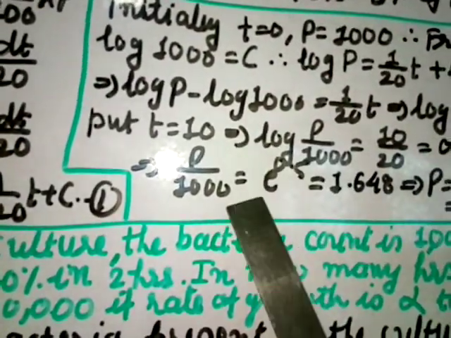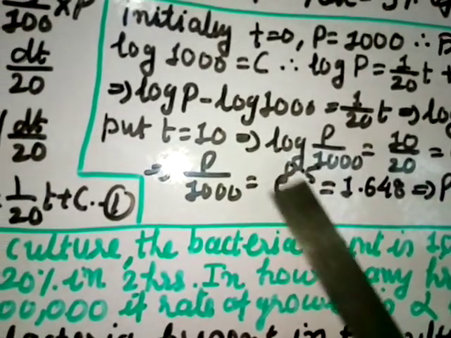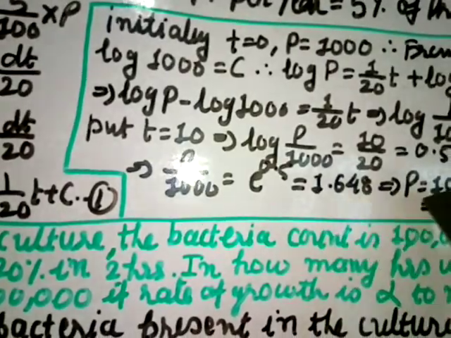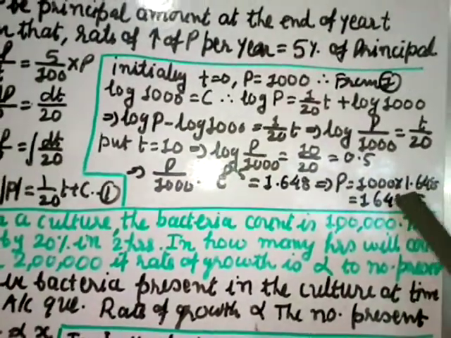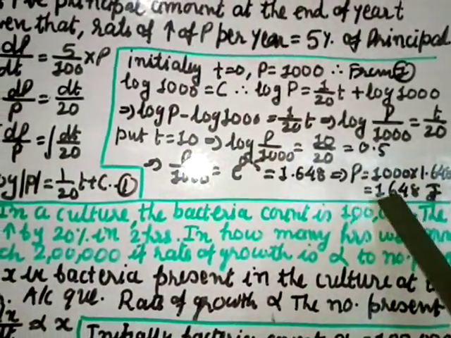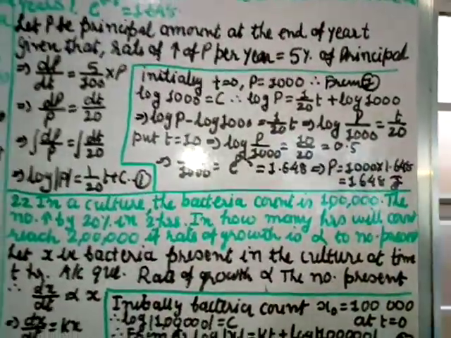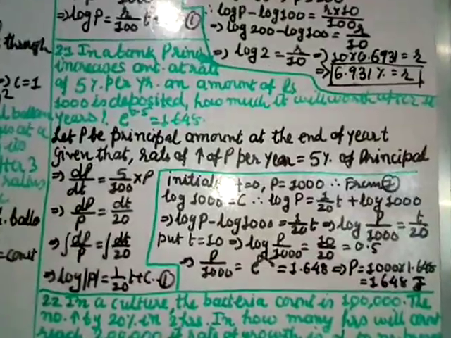So no more log, it is exponential, and this value is given in your question, 1.648. 1000 you transfer here and multiply with this. So 1000 into 1.648 gives you 1648 rupees. So that is the amount, the principal amount asked, and that is the value.